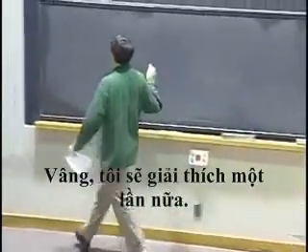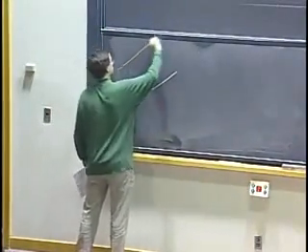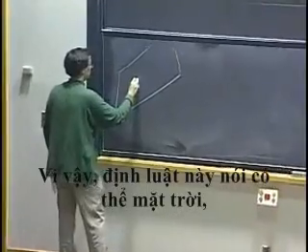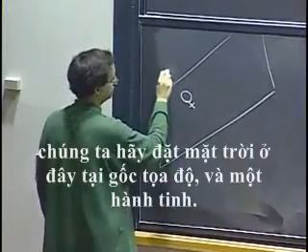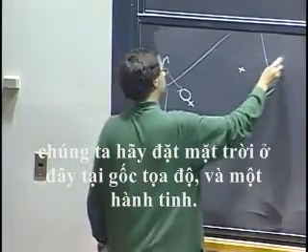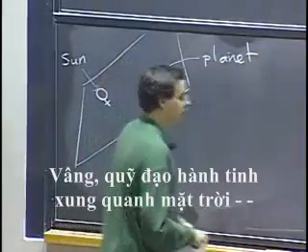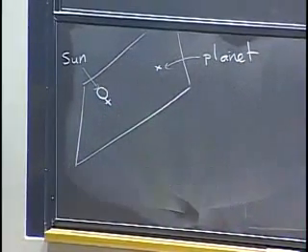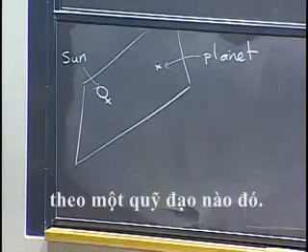Okay, so let me explain again. So this law says, maybe the sun, let's put the sun here at the origin, and let's have a planet. Well, the planet orbits around the sun in some trajectory.